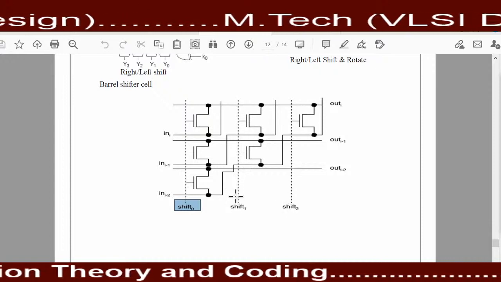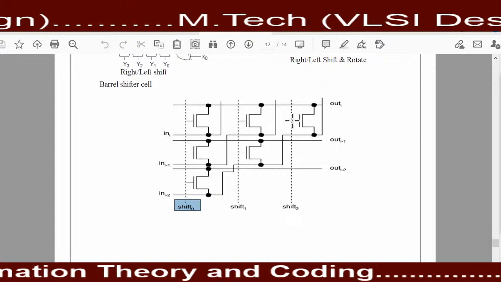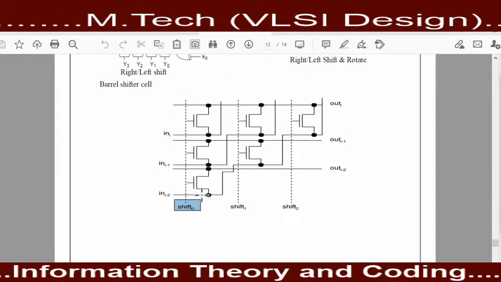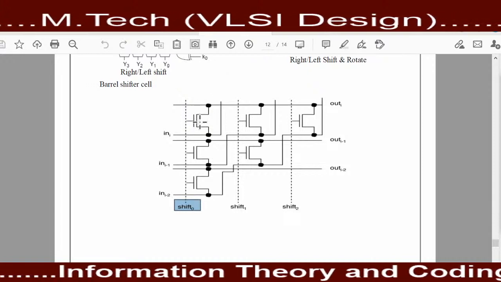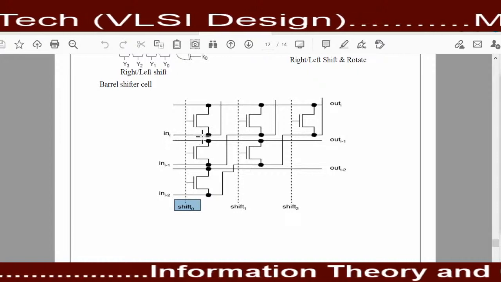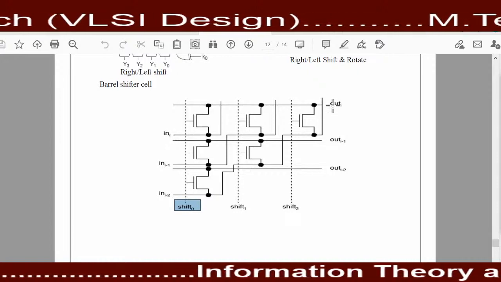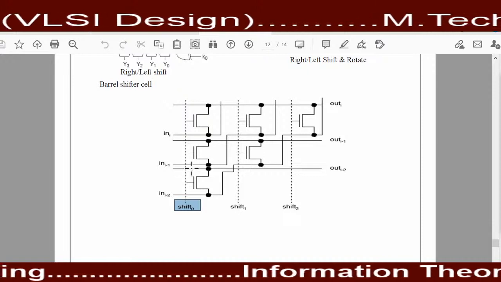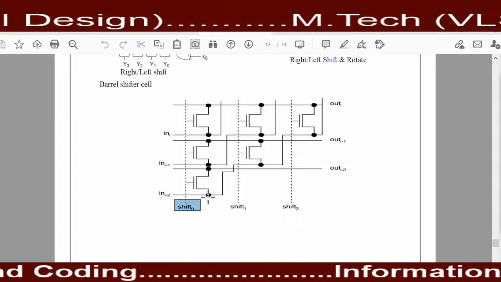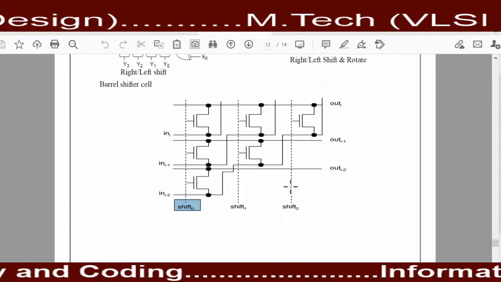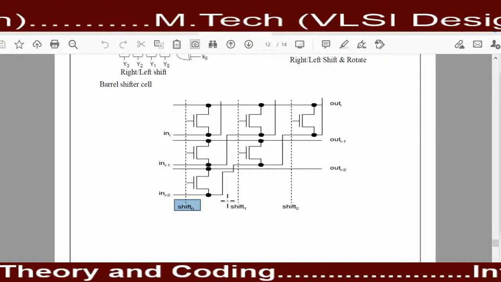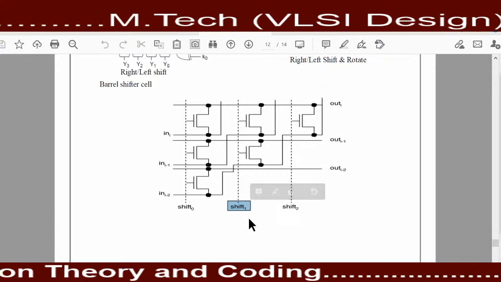When the inputs of shift 1 and shift 2 are 0, they don't work, and only these three MOSFETs are in working condition. So this MOSFET provides input i as output i, input i minus 1 as output i minus 1, and input i minus 2 as output i minus 2.